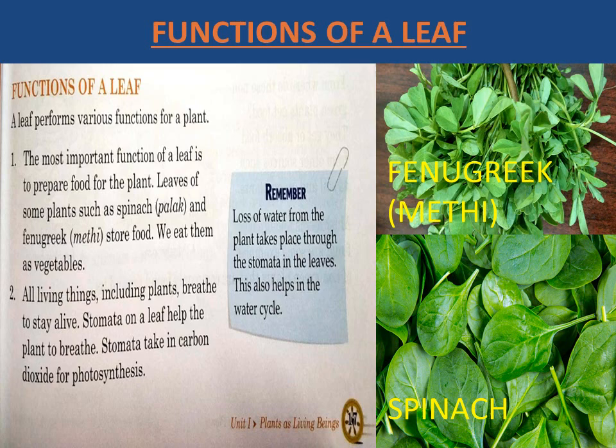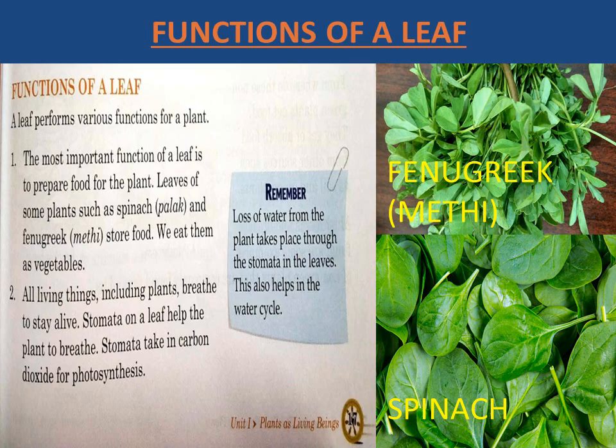We have already learned that. So this is the part of a leaf which helps the plant to breathe. So the leaf helps the plant in its breathing procedure, in its respiration, because stomata take in carbon dioxide for photosynthesis. We have already learned that.